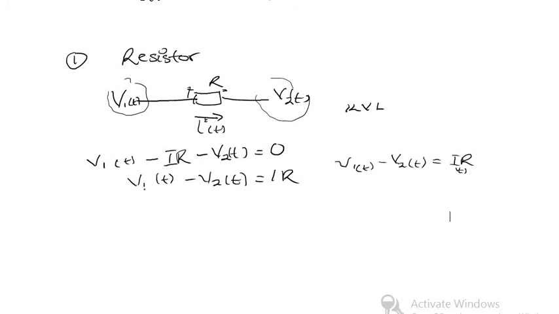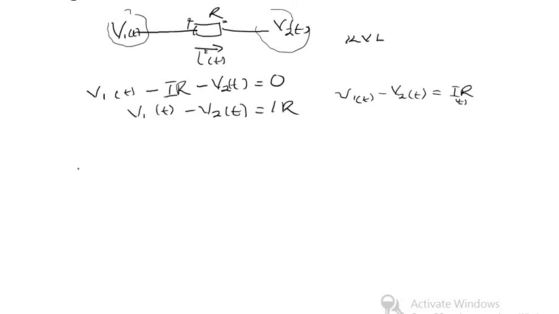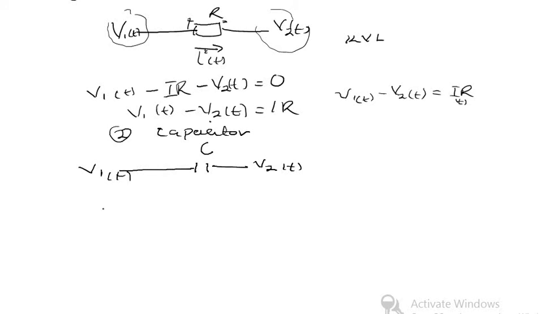So for the capacitor, we have v1, then we have the capacitor here, and here you have v2(t), here v1(t). Applying the same procedure for the capacitor, we can say v1(t) minus v2(t) must be equal to the voltage across the capacitor element.